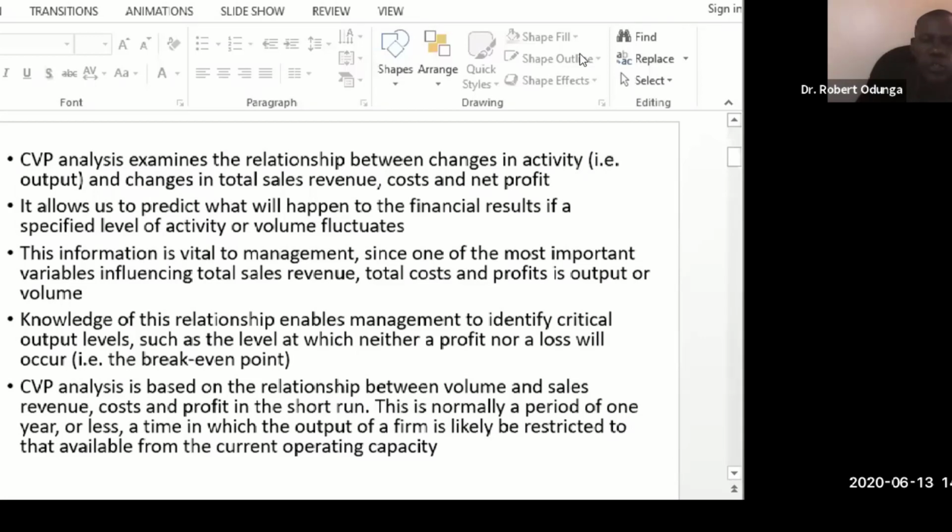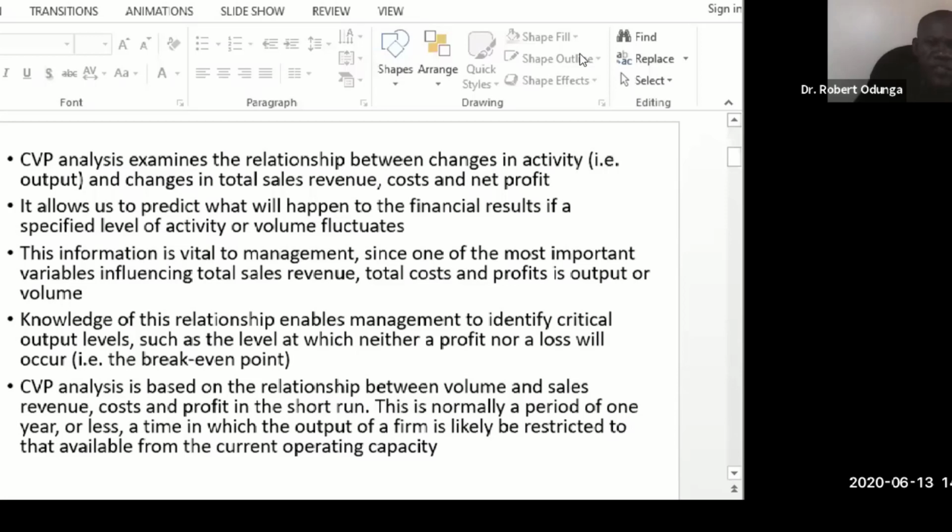If you have to incur some extra costs, then you need to produce more or sell more to recover that cost. That's why I said the break-even point is critical at any time, so that you can plan for what you need to sell so that you can start earning profit.